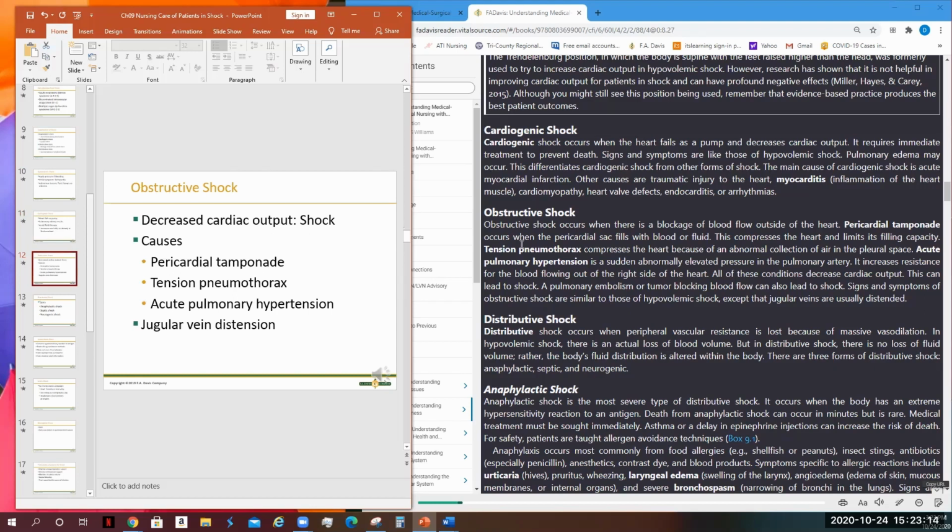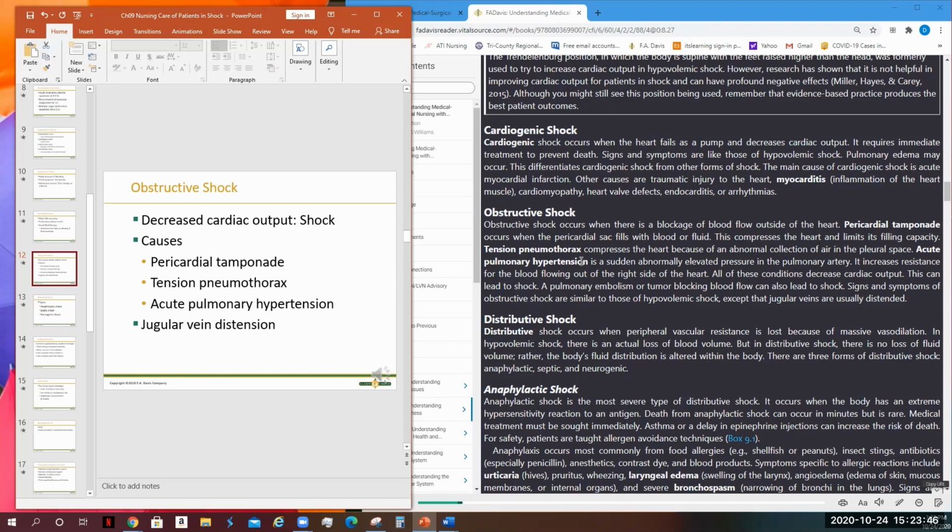Obstructive shock. Obstructive shock occurs when there is a blockage of blood flow outside of the heart. Pericardial tamponade occurs when the pericardial sac fills with blood or fluid. This compresses the heart and limits its filling capacity. Tension pneumothorax compresses the heart because of an abnormal collection of air in the pleural space.